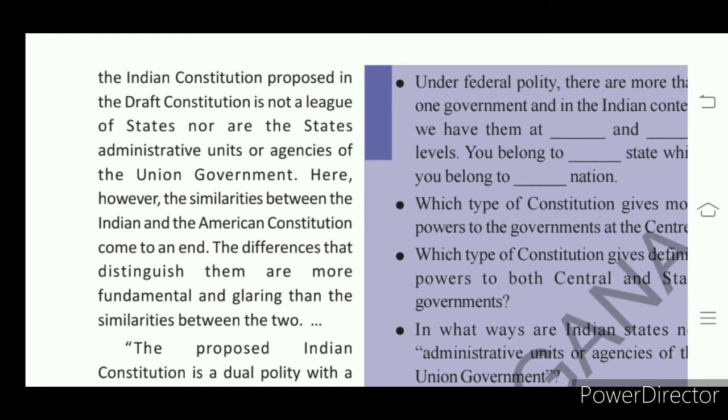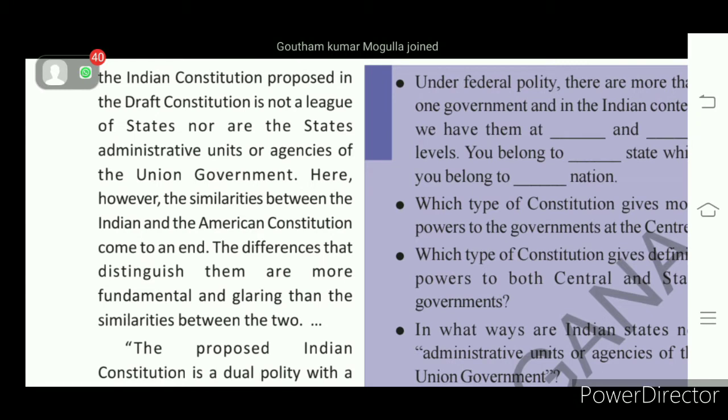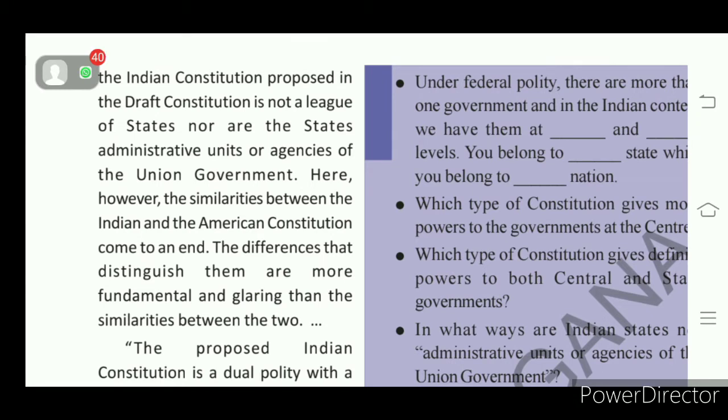American Constitution is proposing federal government and state governments. State governments are free from the central government, that is the federation. The laws of the federation are applicable at a national level, and the laws of the states are applicable in the states.